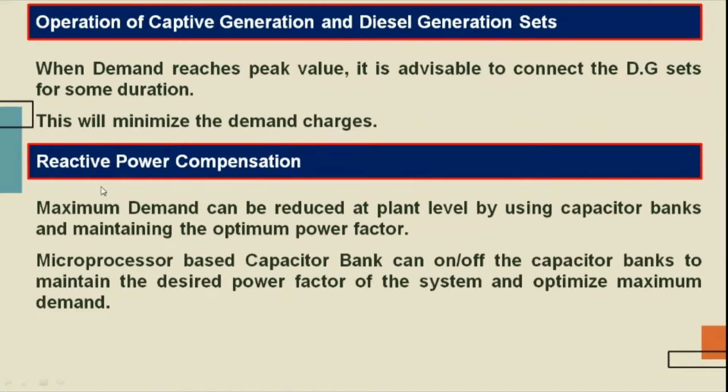So this we have already seen in a very detailed way. We have solved few numericals wherein we have calculated the kVAR rating. We have seen a specific formula related to that. The formula was kVAR is equal to kW multiplied by tan phi 1 minus tan phi 2, where phi 1 is the present power factor and phi 2 is the desired power factor, right?